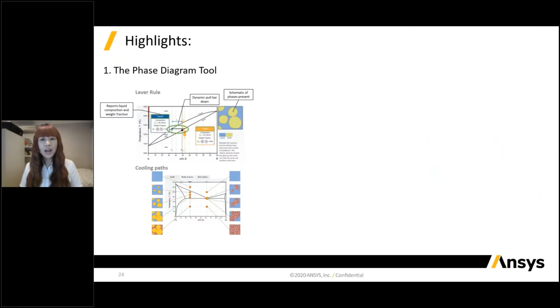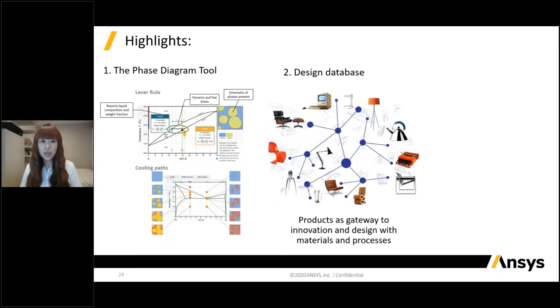Well, some other highlights that might be interesting would be, first of all, the phase diagram tool. We have developed this interactive phase diagram tool on lever rule, phases, cooling paths, and phase diagram data tables to help teach concepts on the slightly difficult phase transitions. In addition to that, we also have a new database from last year, the design database. The feature of this database is that it is utilizing products as a gateway to innovation and design with materials and processes.